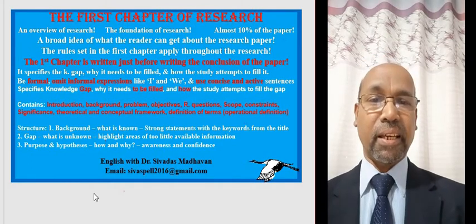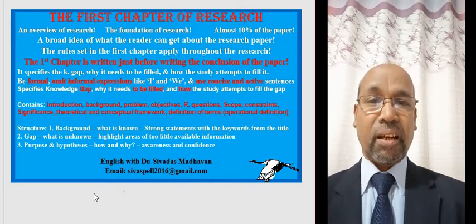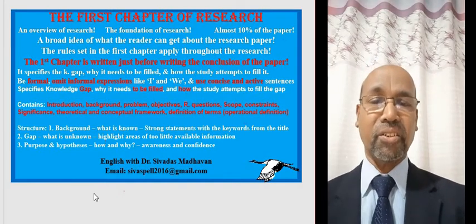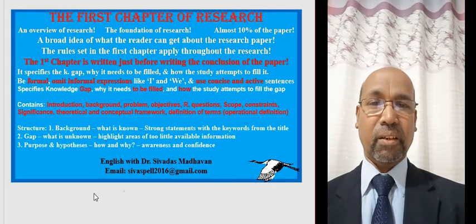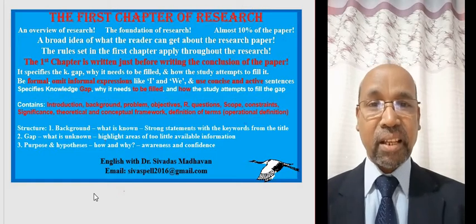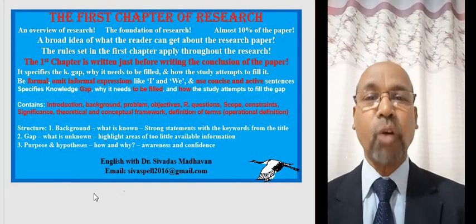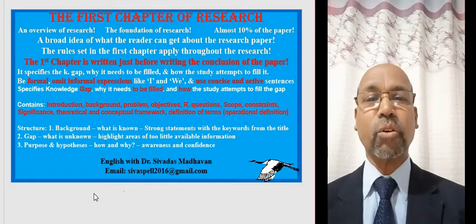So it's a very basic structure of the research paper. It's a foundation, and it has some subsections to explain what it is and how it is. The first thing is introduction.